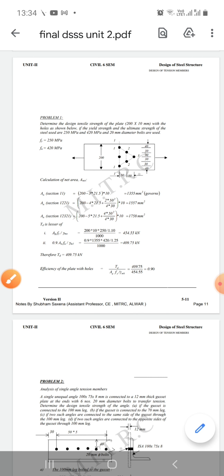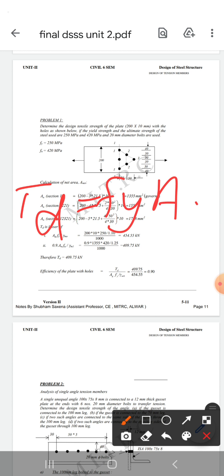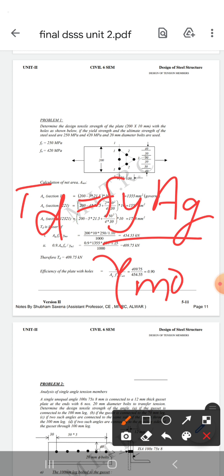Okay, so first we will see the yield strength of plate, T d, which is Fy Ag upon gamma m naught. According to the question, the yield strength of plate is 250.